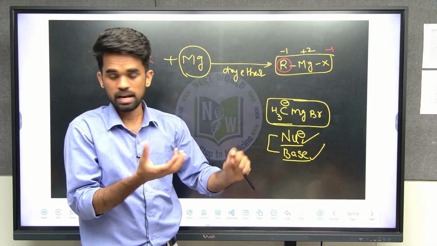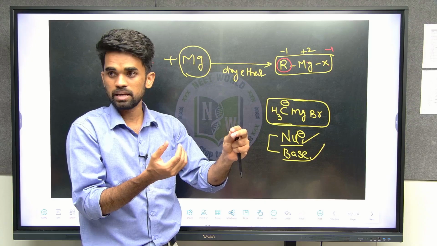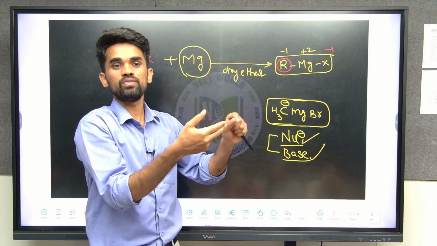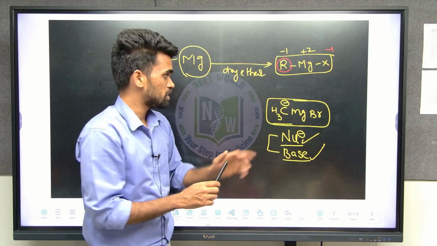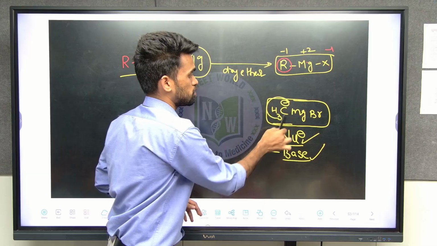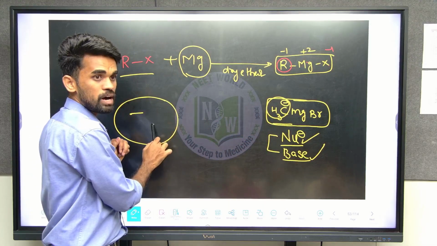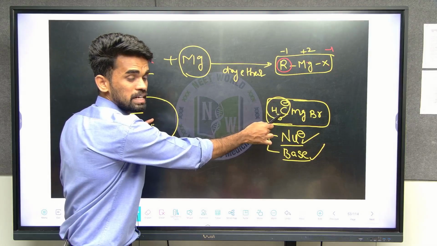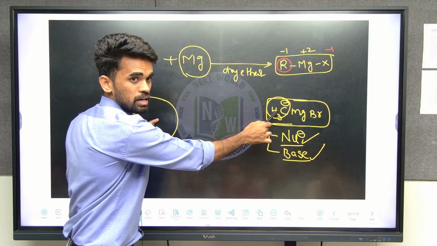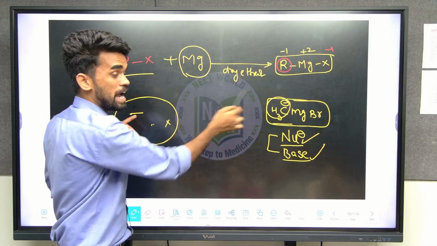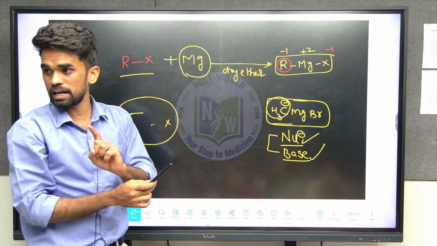Base first. First acid-base reaction takes place. Then only electrophile, nucleophile, all this happens. Otherwise, if there is no acidic proton, then it acts as a nucleophile. Everyone clear with this point?